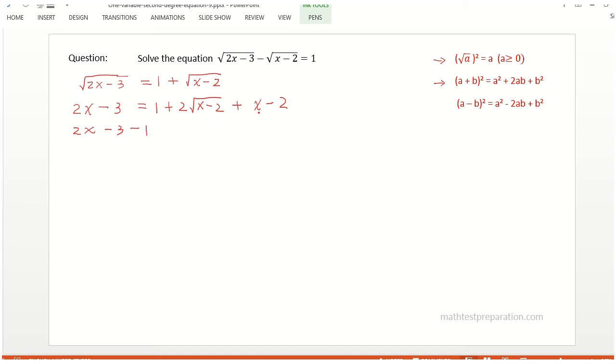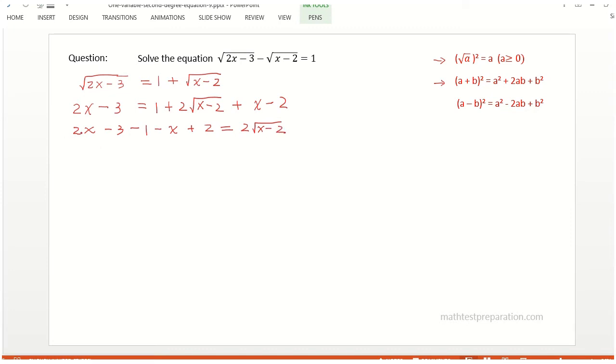Move this term to the left side of equation. Positive x becomes negative x. Move the negative 2 to the left side of equation. It becomes positive 2. Keep this term, 2 times square root x subtract 2.